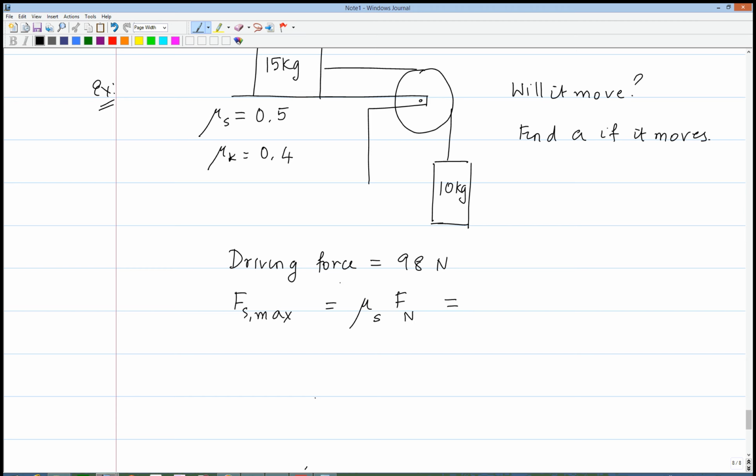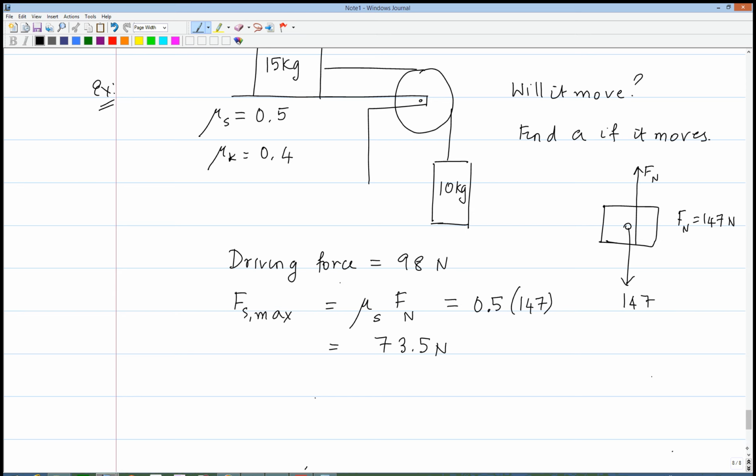In the problem, in the vertical direction for the 15 kg block, we have 147 newtons pushing it down, and then we have Fn pushing it up, and therefore Fn is simply equal to 147 newtons. So we have 0.5 multiplied by 147 newtons, which happens to be equal to 73.5 newtons.